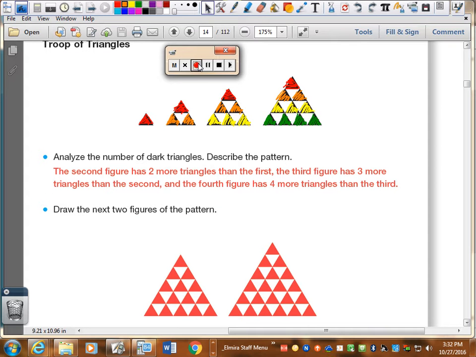So every figure has one more row of triangles, and that row has one more triangle in it than the previous row.